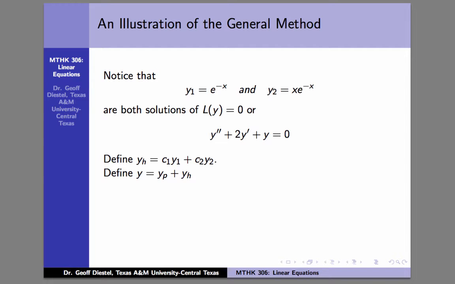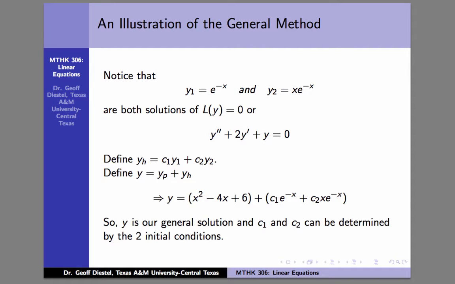So we define our general solution to be the sum of the two things we've found, the particular solution and the solution to the homogeneous equation. That tells us what y is in specific terms. We have our y sub p plus our y sub h. And y sub h is the key because it contains the unknown constants, which we can now determine by going back and plugging into the initial conditions to figure out what c1 and c2 are.